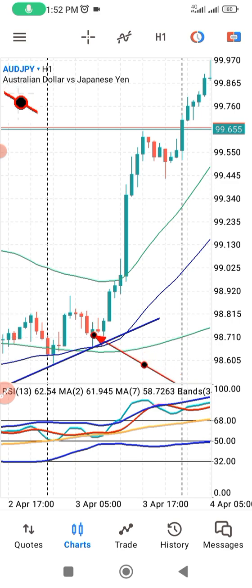This particular candlestick you are seeing here is a pin bar. All you need to do is understand the body. Though it has a wick at the top, this wick at the downside is two times more than this body, and it is longer than the wick at the top.